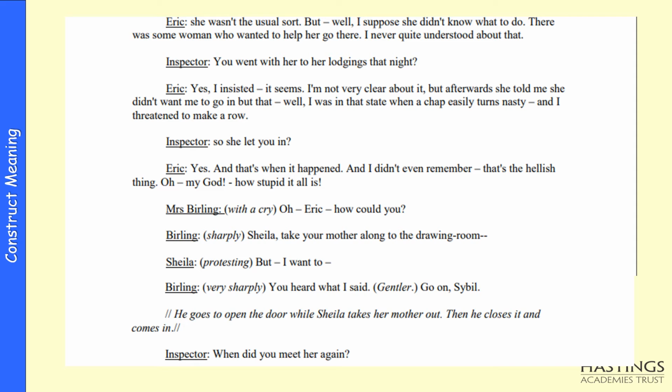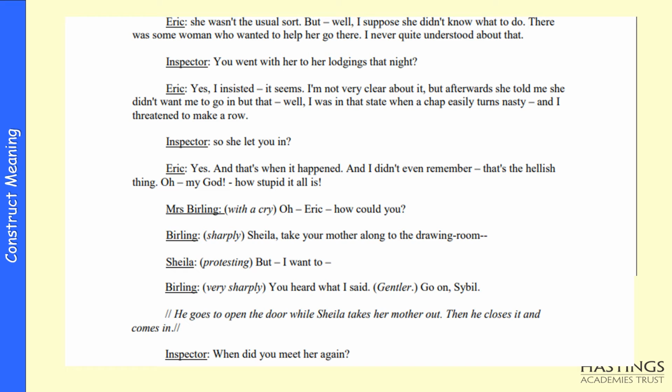It seems I insisted. I'm not very clear about it, but afterwards she told me she didn't want me to go in, but that... Well, I was in that state when a chap easily turns nasty. And that's when it happened. And I don't even remember, that's the hellish thing. Oh my God, how stupid it all is.